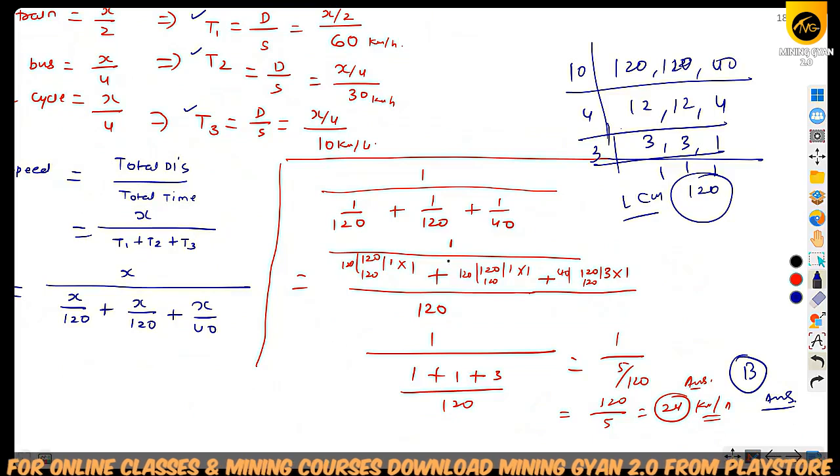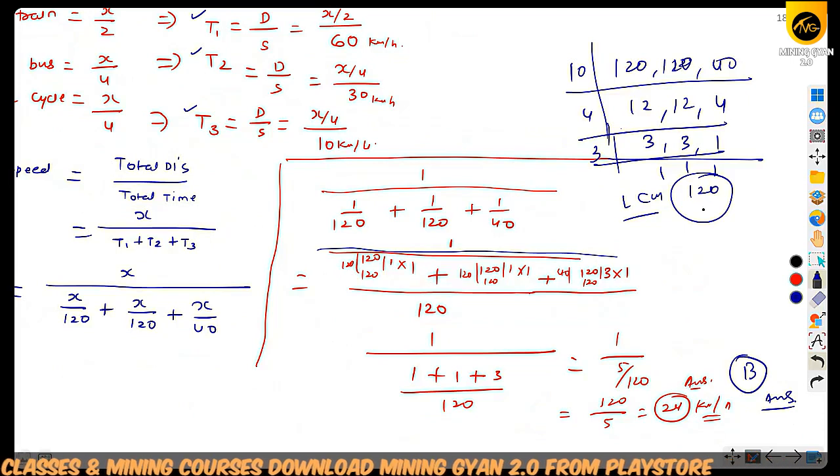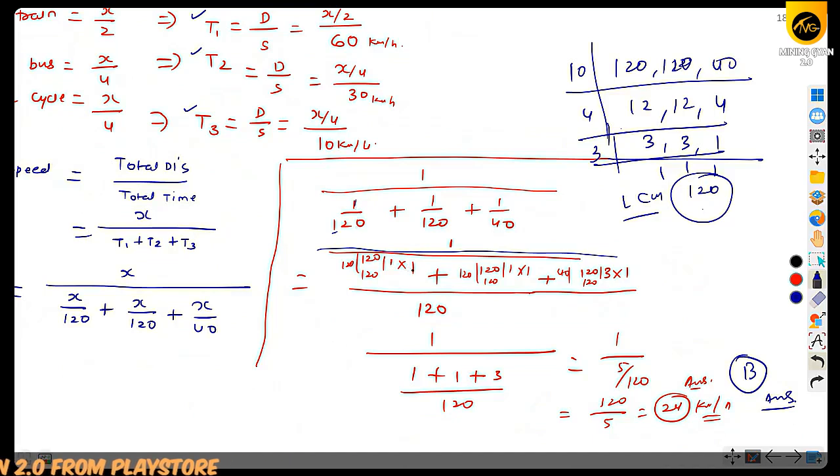And to solve this denominator portion, this is the basic mathematical calculation. If you want to calculate 1 divided by 120, 1 divided by 120 and 1 divided by 40 by the LCM method, then just put down 120 in the denominator section, and the whole denominator section will be cancelled out. This is the LCM. So 120 divided by 120 will be 1 time, and multiply the numerator by 1.